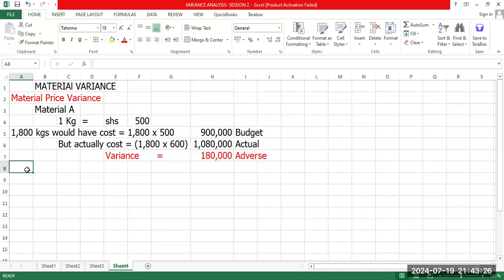So we go to the next. We are done with material A. We go to material B. We do the same. For material B, this company is planning to incur how much on every kilogram of material B?